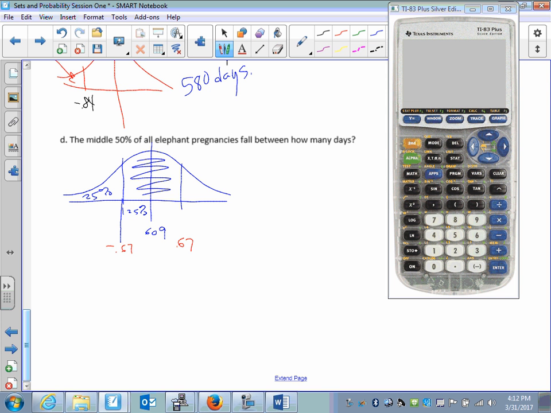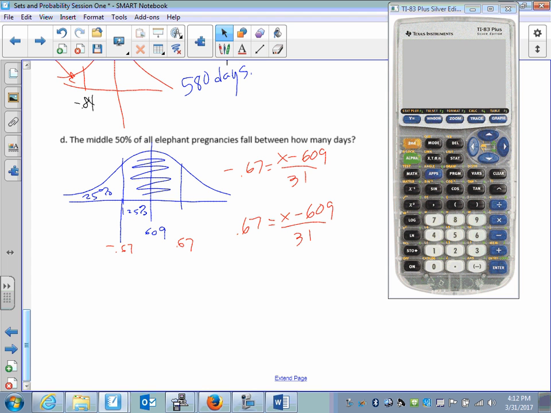And so all we need to find is the two values that are those. So we have negative 0.67 equals x minus 609 over 31, and positive 0.67 equals x minus 609 over 31.